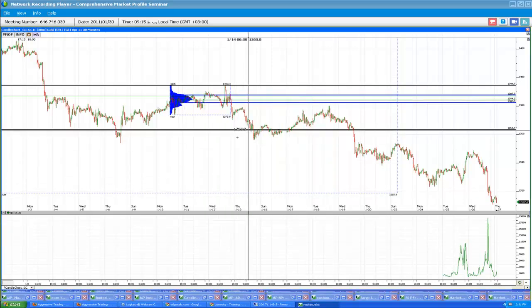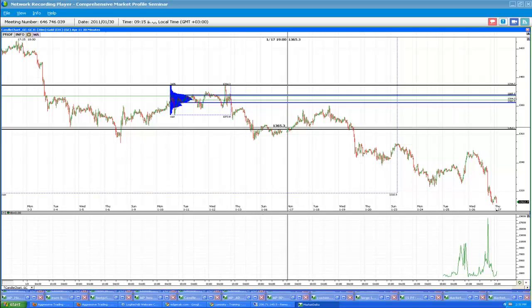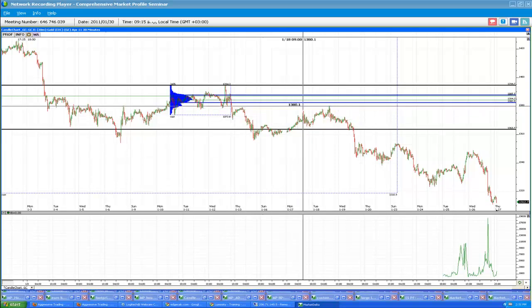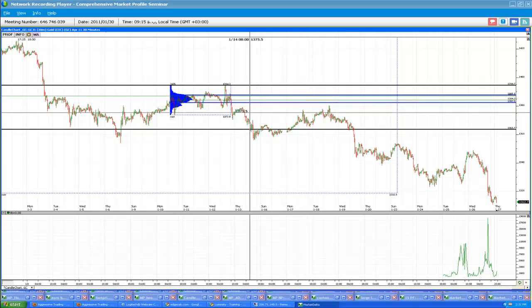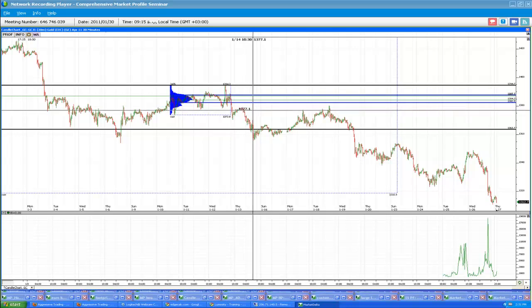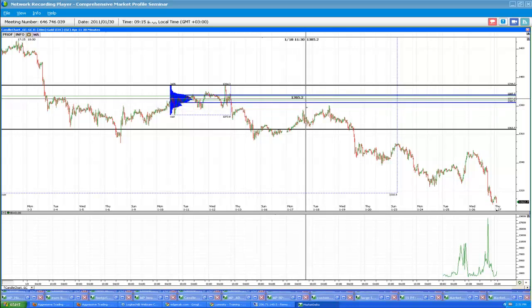Now we start to rally back up, and we can't quite reach this HVN. We reach this HVN over here, but we can't quite reach that HVN.